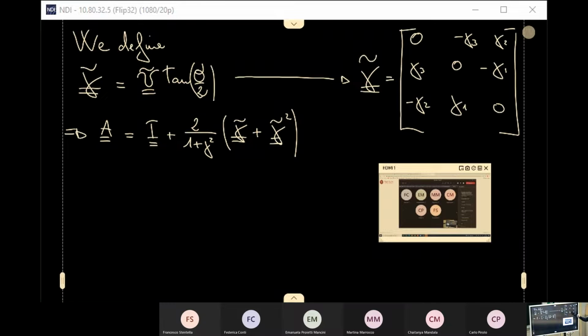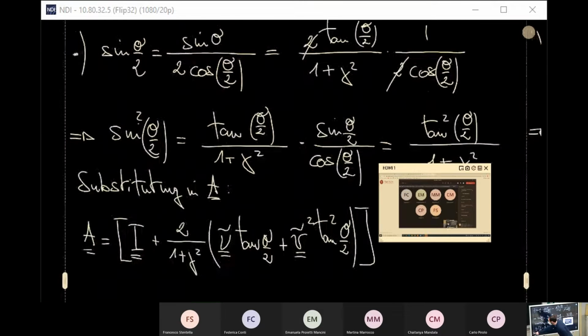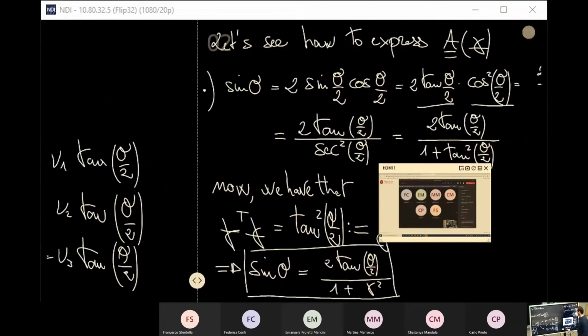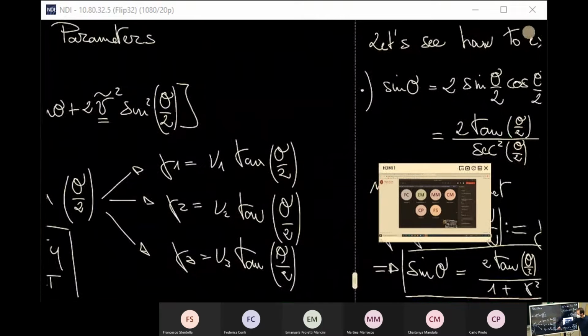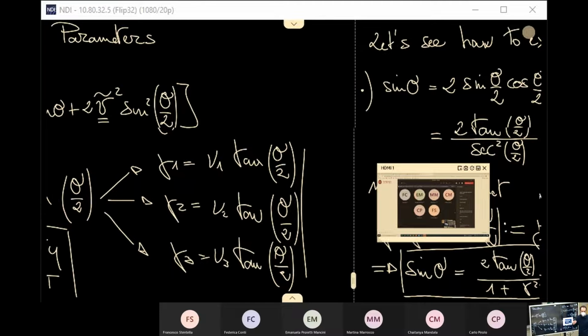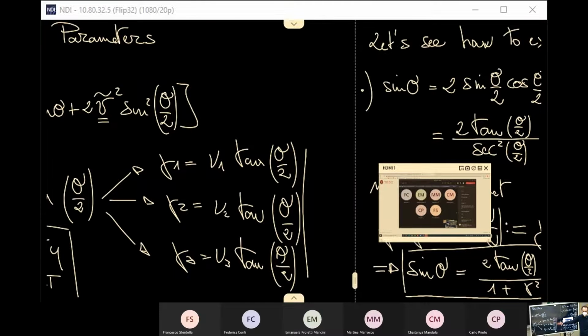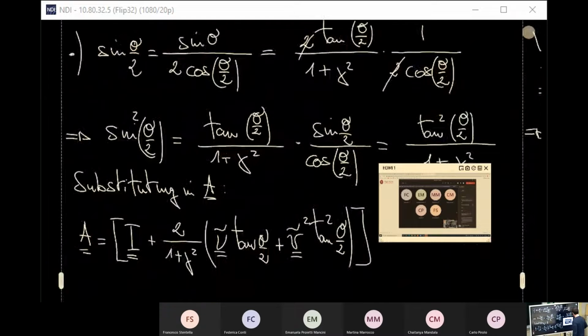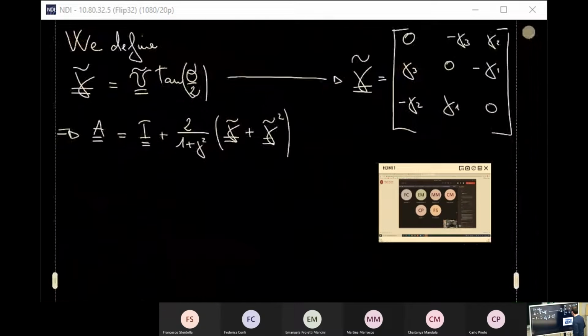And this stems from the definition that we have done early on of the Rodrigues parameters. See? From this definition here. So that basically explains why the Rodrigues parameters are defined like that, because if we define them like that, we can rewrite very simply the rotation matrix like this.